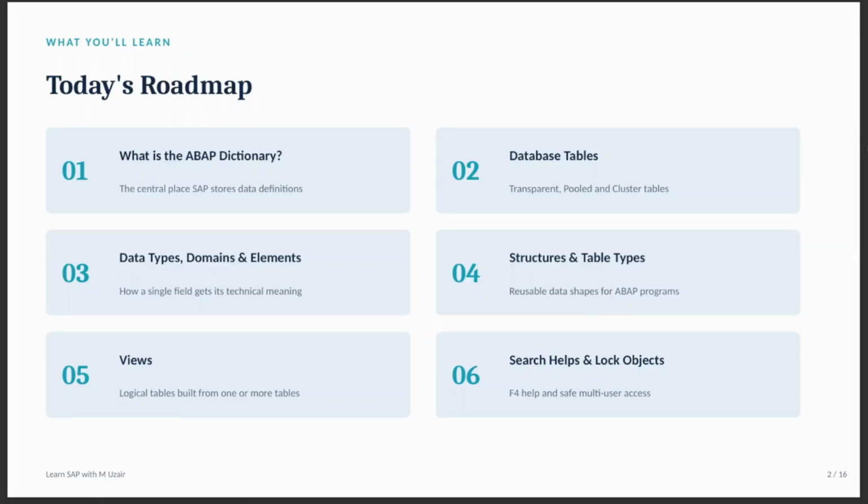So, the very important thing in this lecture is the roadmap, how we'll be moving further. Here is what we are covering today in 6 easy parts. We will start right from what is the ABAP dictionary, then move into database tables, then data types with domains and data elements, then structures and table types, then views, and finally search help and lock objects.